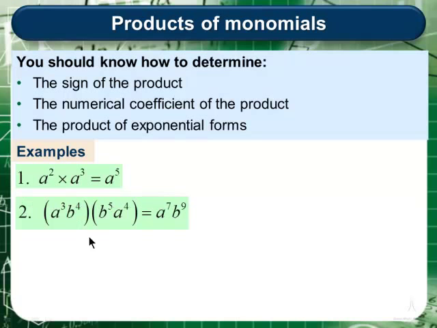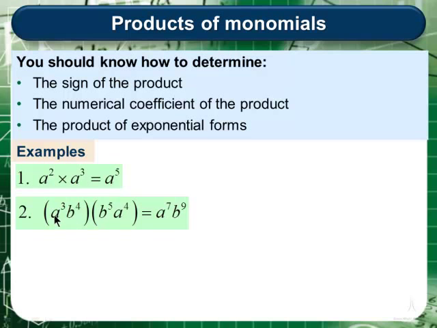In the second example, we have an expression a to the power 3, b to the power 4 as a single monomial in brackets, multiplied by a similar expression on the right, b to the power 5, a to the power 4. Now in this case, we have to multiply the factors of these monomials where the bases are the same together.